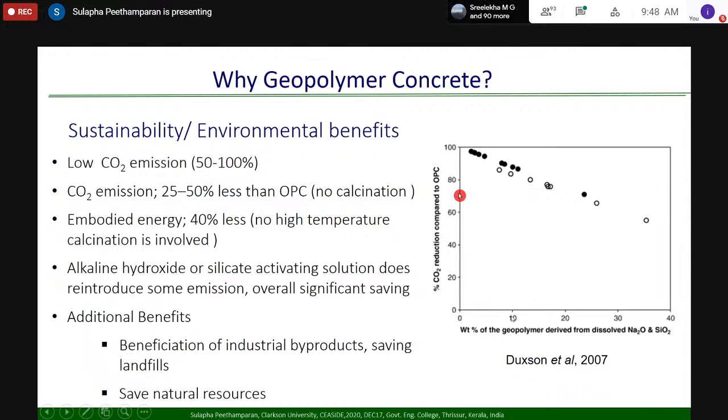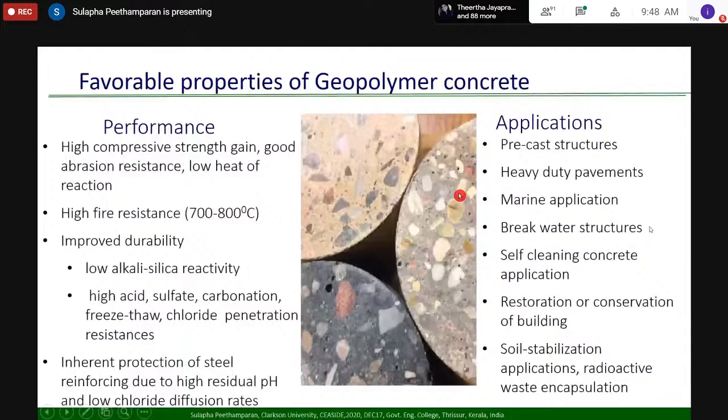If you are using a solution with less than 10% concentration, you can reduce the CO2 by up to 90%. And most of this geopolymer is made with those kinds of solutions. Even if you go to a very high dosage of alkali, and you are using metakaolin or something like that, which is a more energy intensive material, you can still save 50%. So that is where the sustainability comes in.